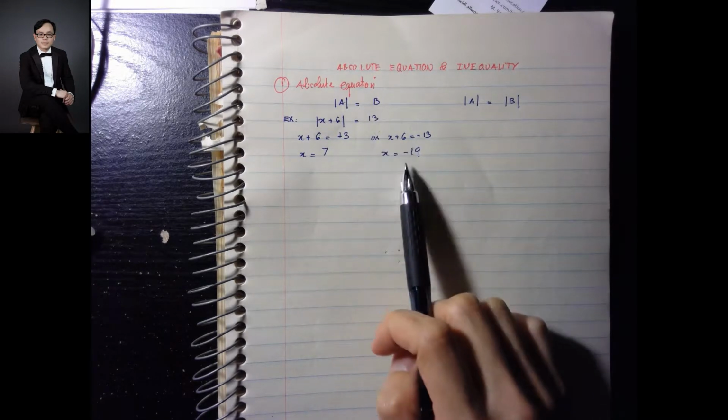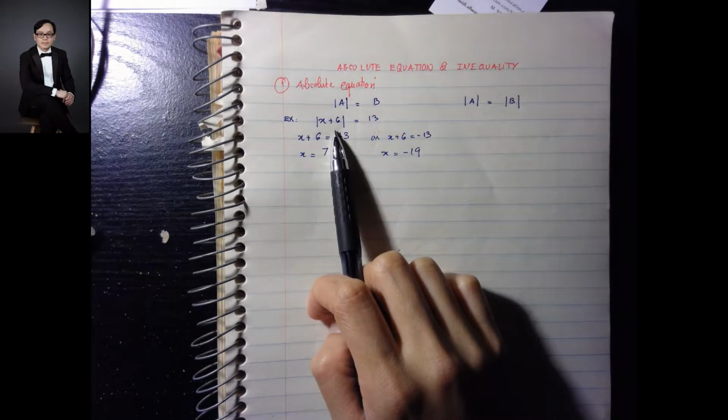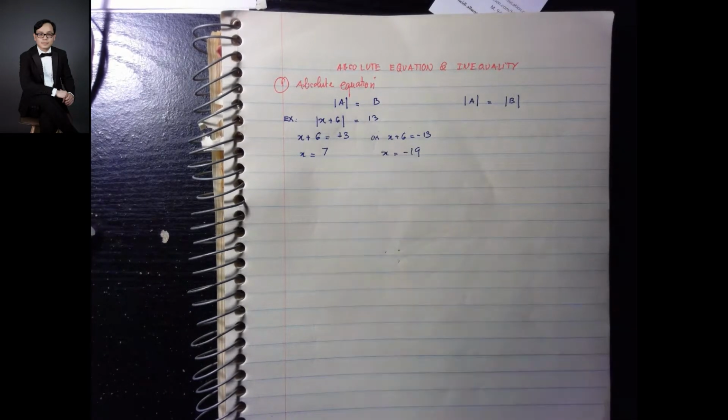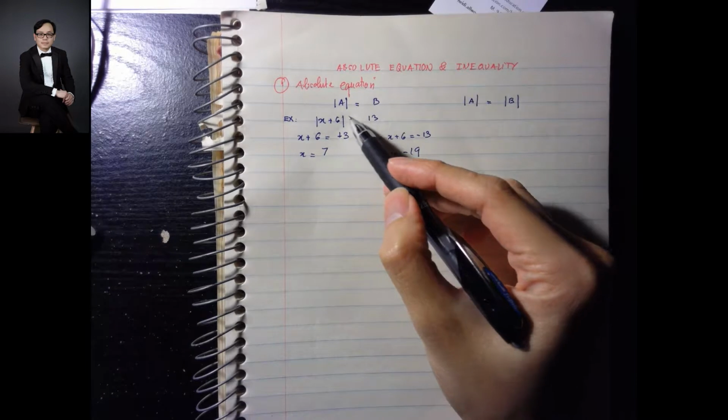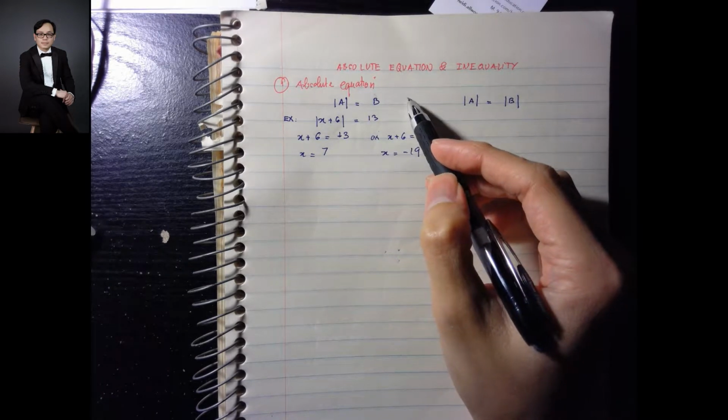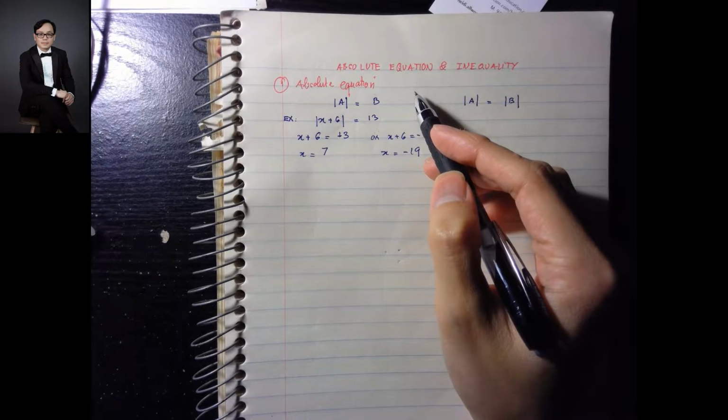And negative 19 plus 6 is negative 13, absolute of negative 13 is also 13. So when you have it in this form, basically what we can do is split it up into 2 cases, one positive and one negative.